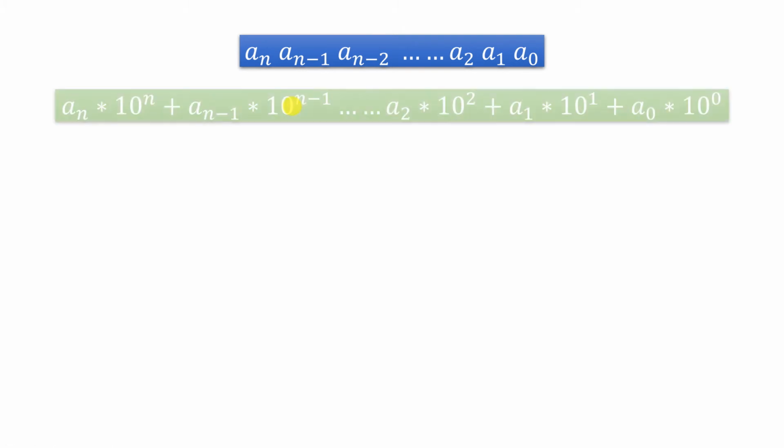Now this number can be expanded as a_n into 10 raised to n plus a_(n-1) into 10 raised to n minus 1, and so on, a2 into 10 raised to 2 plus a1 into 10 to the power 1 plus a0 into 10 to the power 0. So every position is multiplied by its decimal weightage. This is the decimal weightage.